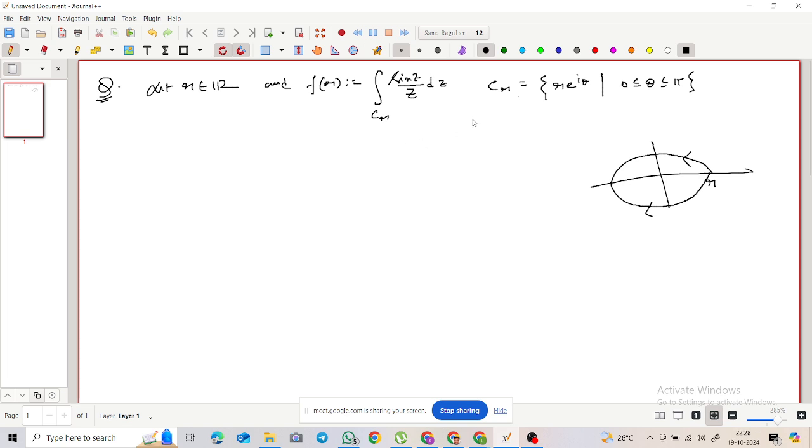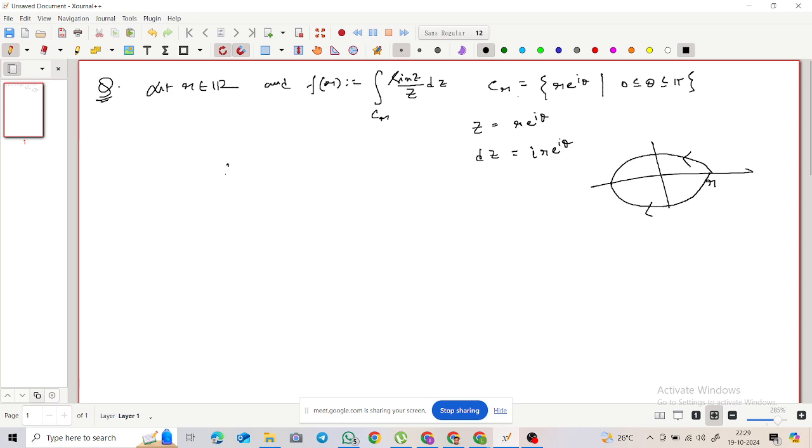So CR is this. So z is r e to the power i theta, for a fixed r. What is dz? dz is i r e to the power i theta d theta, right? Okay.